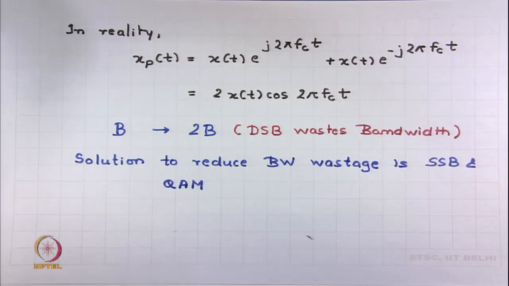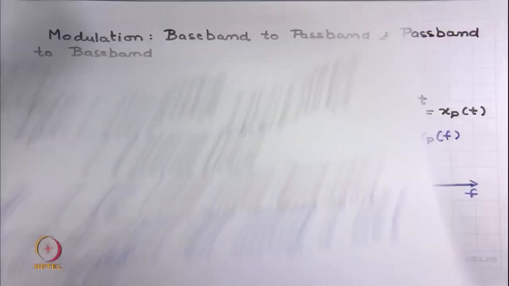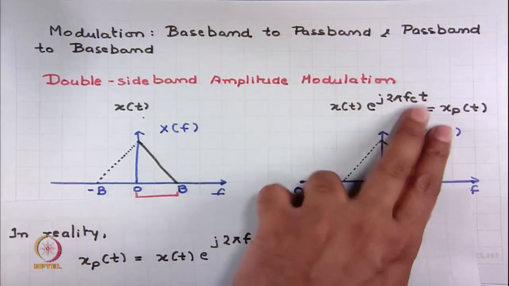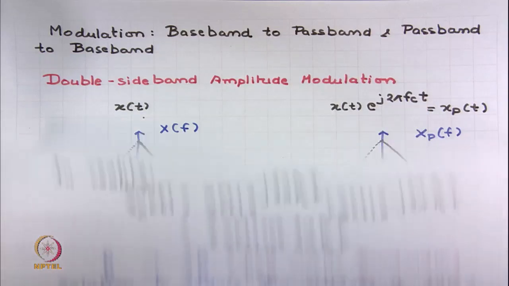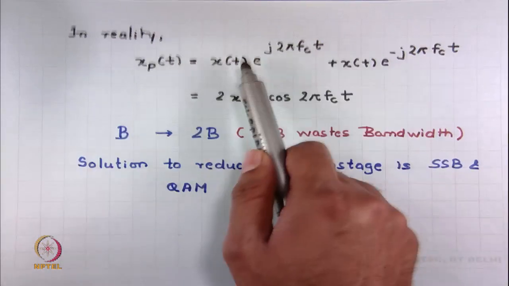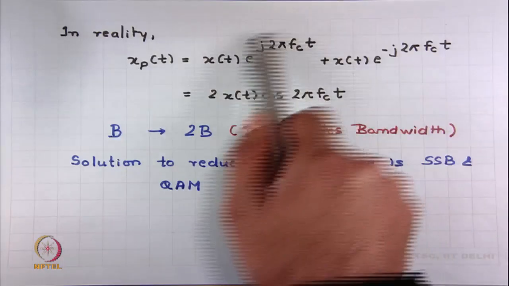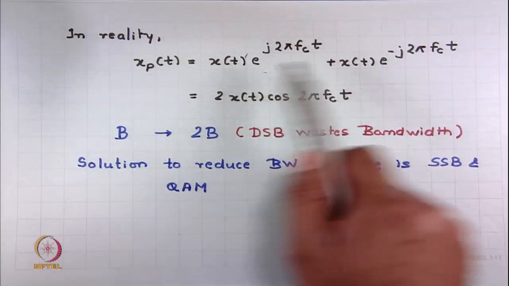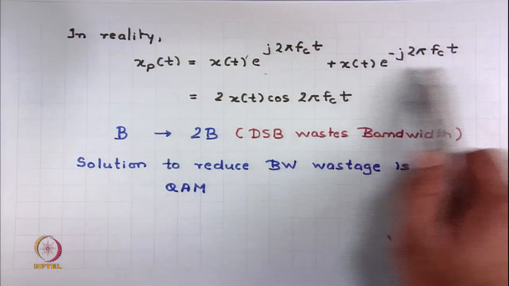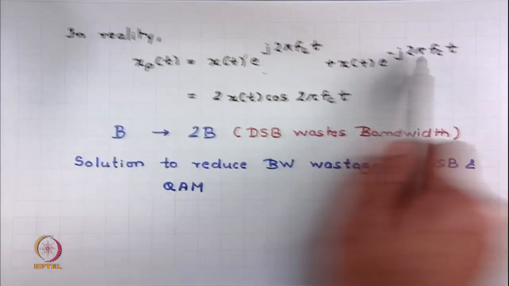In reality, you cannot have a passband signal which is complex. This is a complex signal because of this term. So, in reality what you want is a real signal. So, instead of multiplying x(t) with e^(j2πfct), you also multiply x(t) with e^(-j2πfct), and you add these two things up.